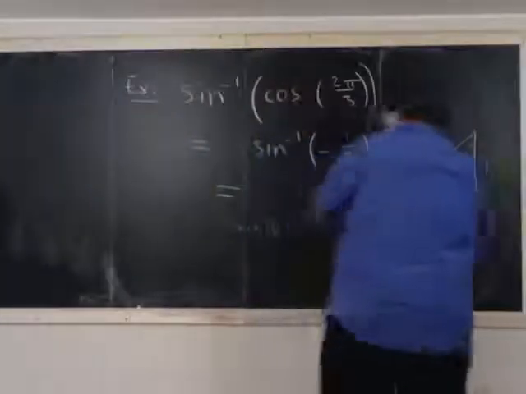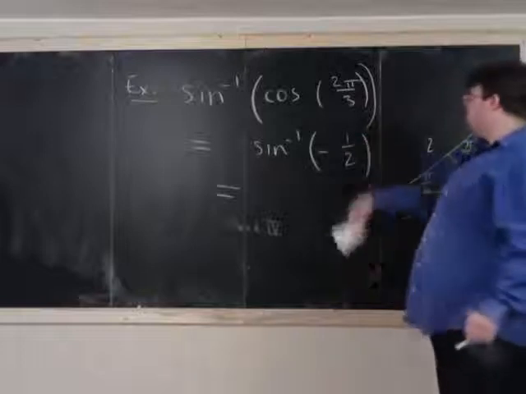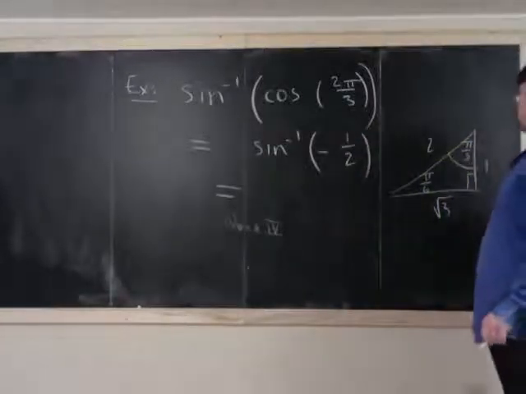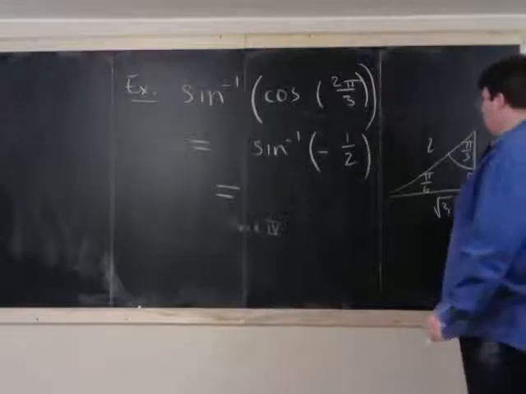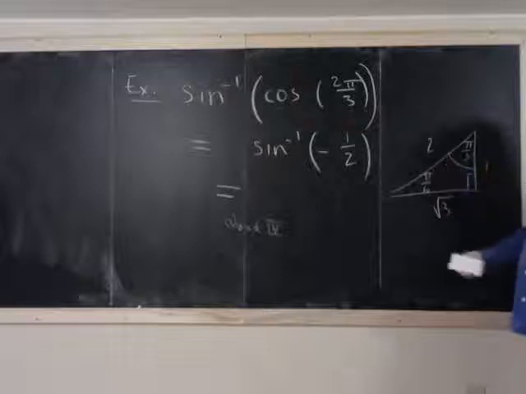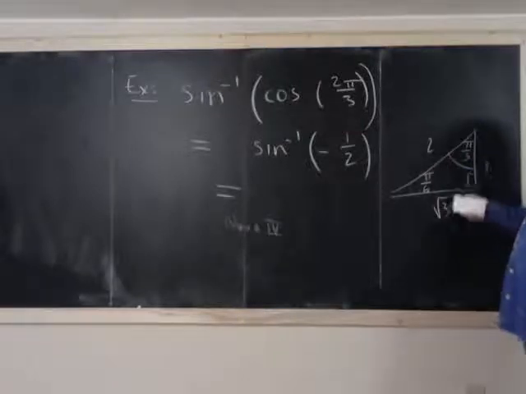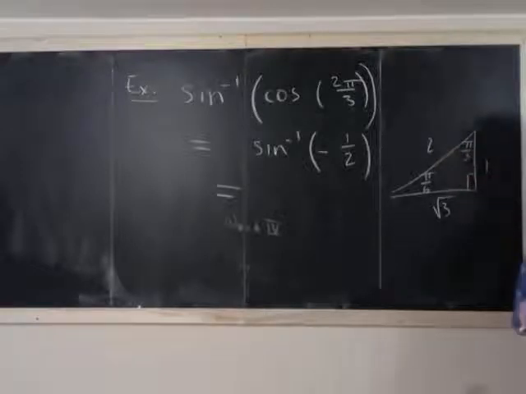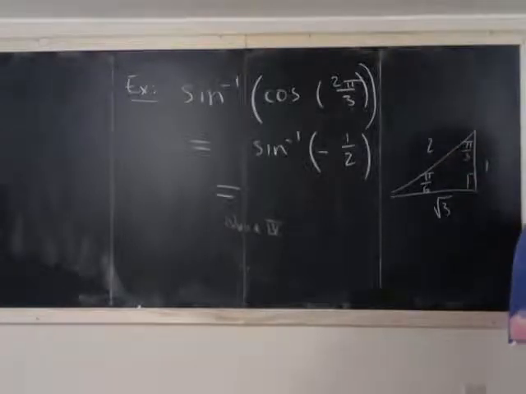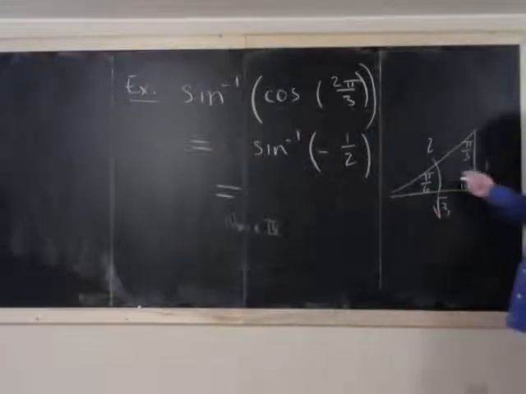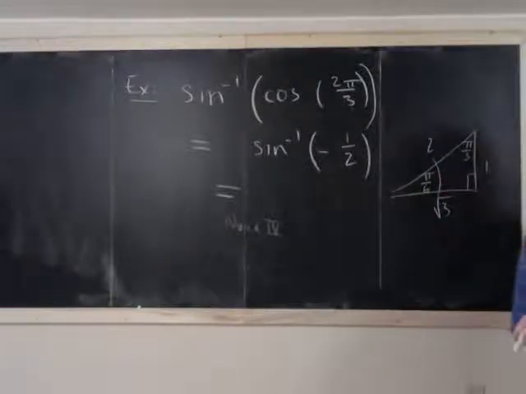Well, now we need a half. We need sine of an angle to be a half. Well, this triangle has a 1 and a 2. Sine is opposite over hypotenuse. 1 is opposite this angle, and the hypotenuse is 2.